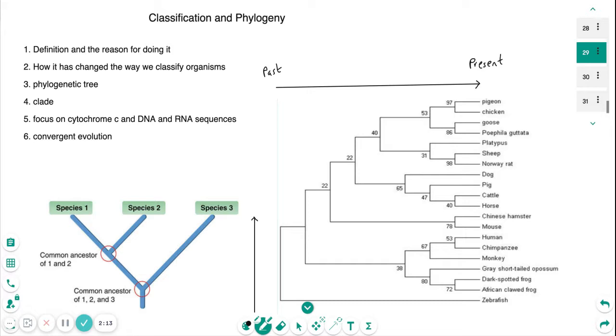So it can be put together now, all these organisms, into something that looks like this, and this is a very small example of a phylogenetic tree because we've only got a handful of species here. And if you work your way to where the actual species are, this is present time. And if you go back, and because it's a phylogenetic tree, we can think of these as branches.